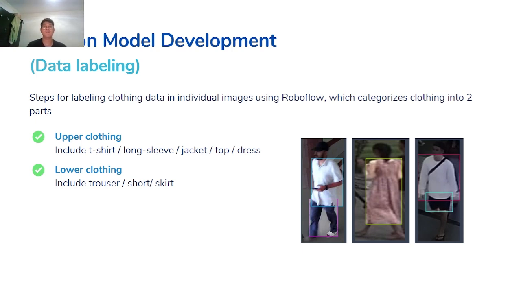In this step we use images on Roboflow, which has a feature that can label images. We categorize the clothing into two parts. The first part is upper clothing, which includes t-shirt, long sleeve, jacket, top and dress, and the lower clothing has trouser, short and skirt.